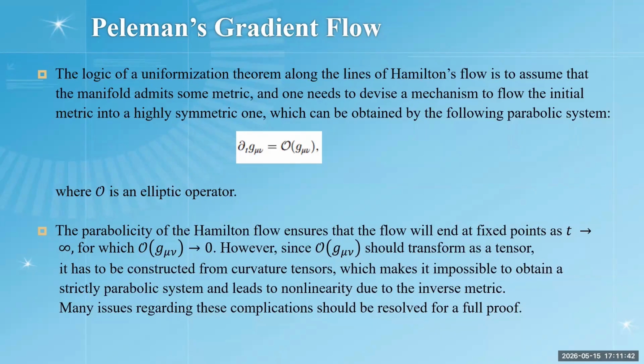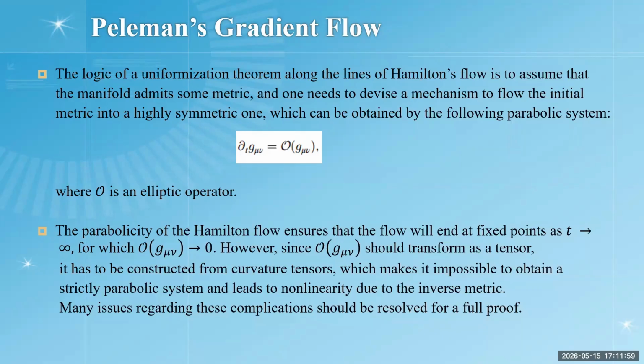But there is a problem, actually. In order to define this Hamilton flow, this system must be parabolic. Parabolic means the eigenvalues of this operator must be positive or zero. Then we can achieve this uniformization.